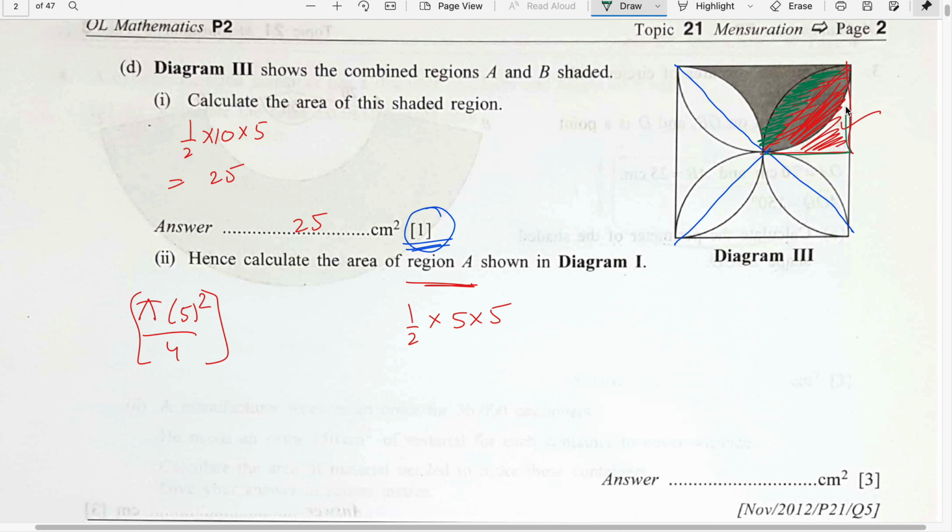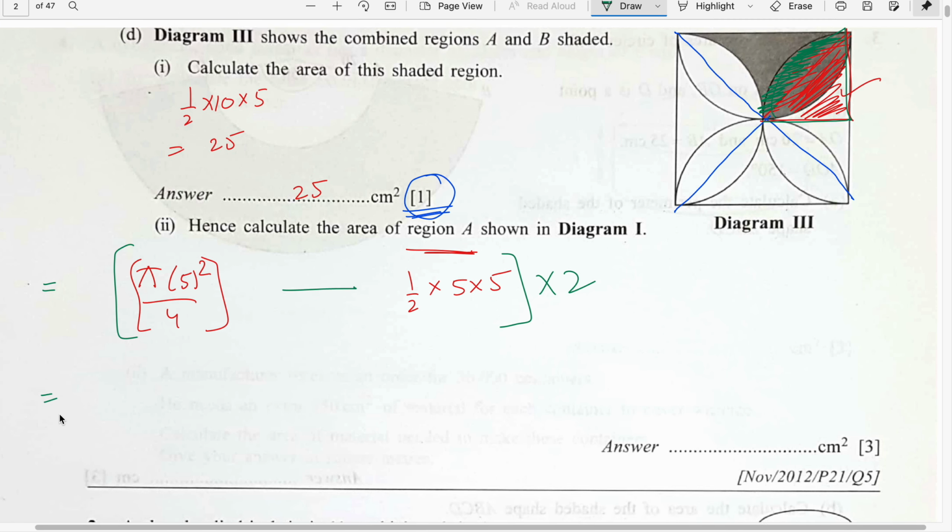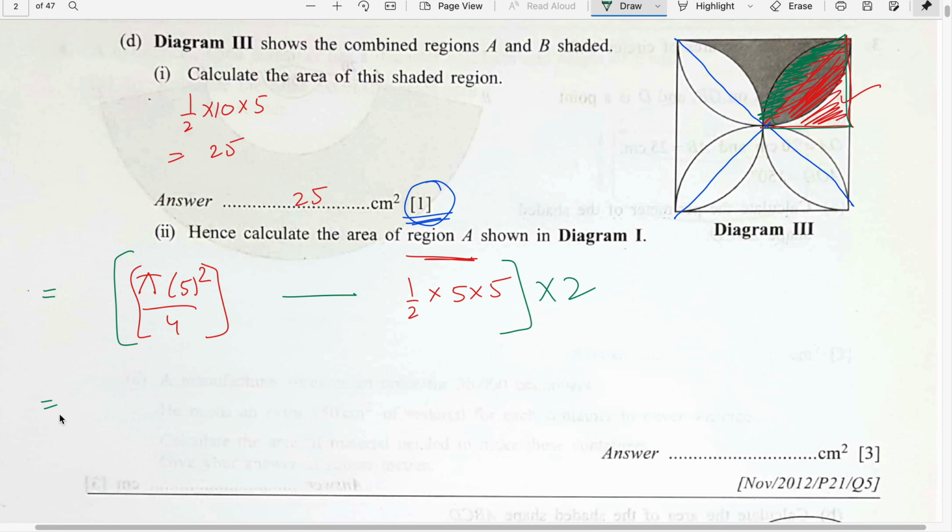From this whole quadrant, I subtract this triangle, and the green part is left. So this is the complete quadrant, pi r square over 4, minus this triangle, this in a larger bracket times 2 gives you the area of section A. Any objection?